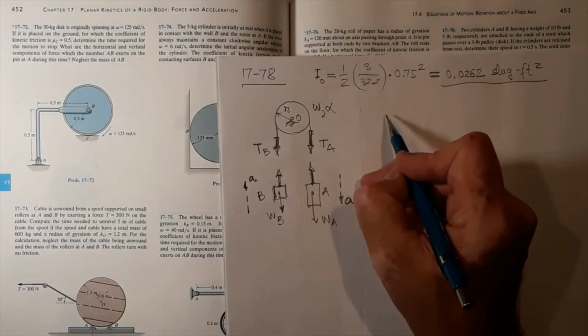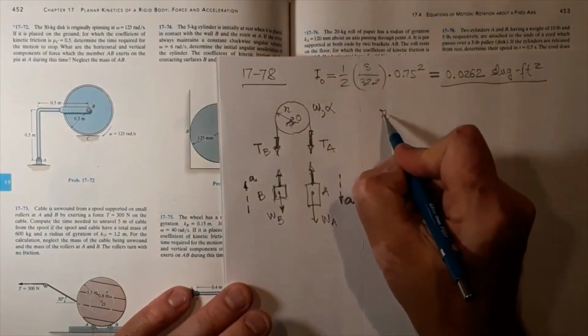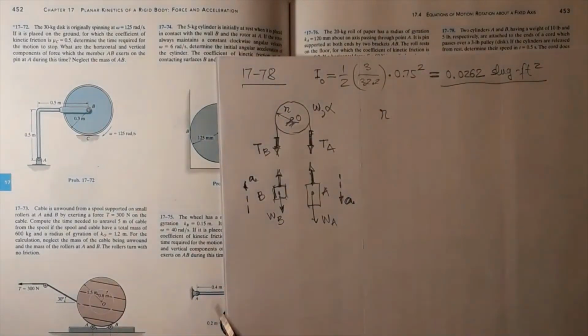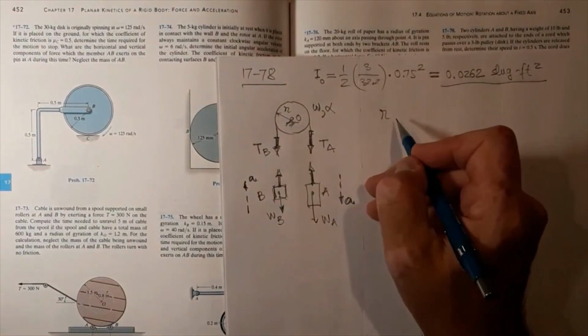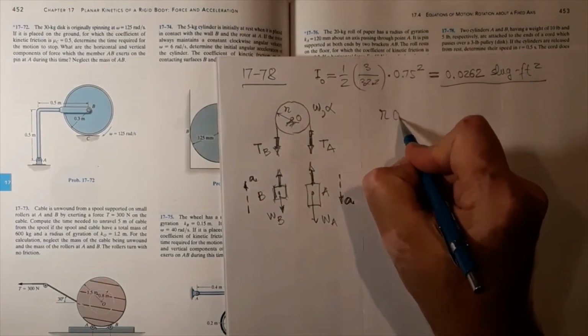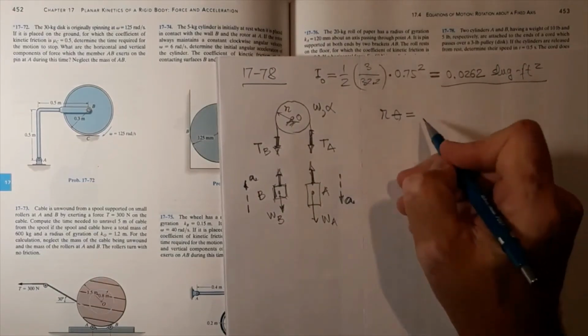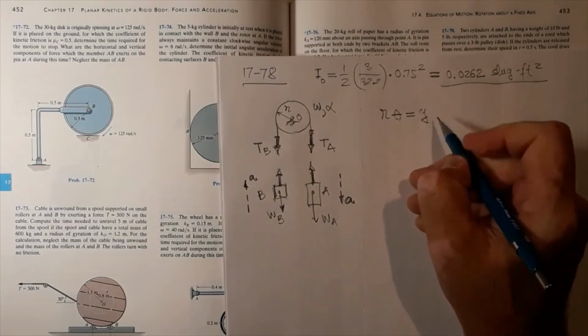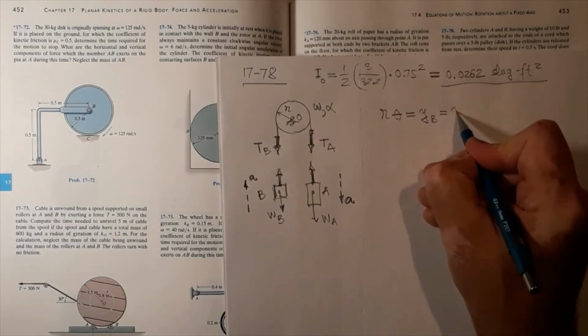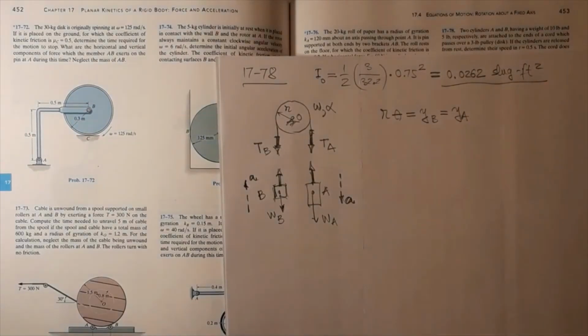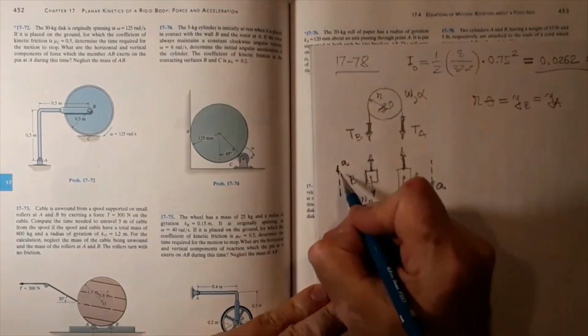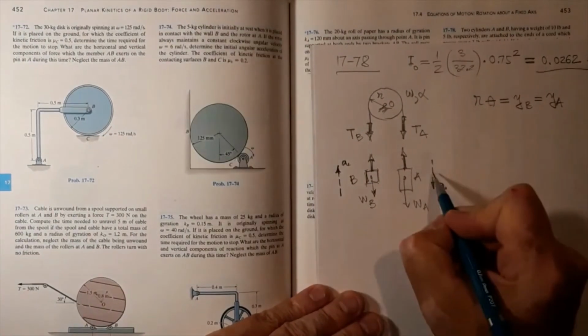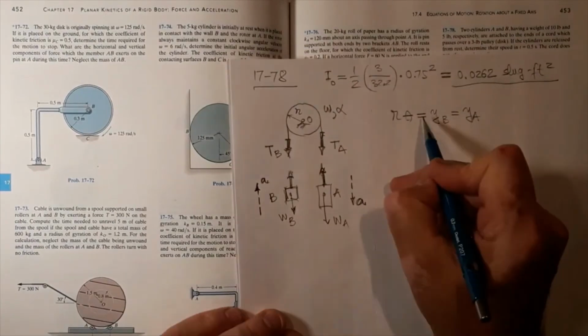If we measure the angle, R theta in radians is the displacement of B, which is the displacement of A. Of course, one with one sign, one with the other, but magnitude-wise, this is the relationship between them.